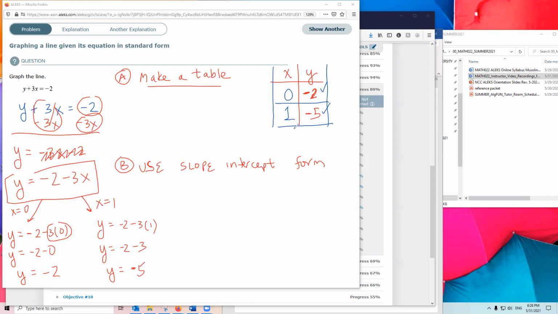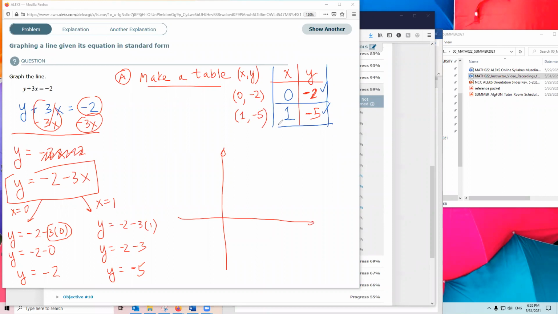All right, well, now that I have this entered into a table, I can write this in an x comma y format if I want. 0, -2 for the first row and 1, -5 for the second row. Now I'm going to go ahead and graph. Remember the way you plot these xy points, the x number is the horizontal distance, the y number is the vertical distance.